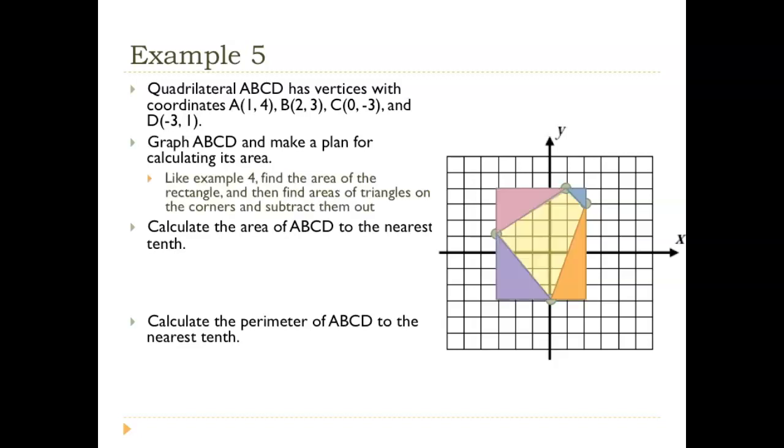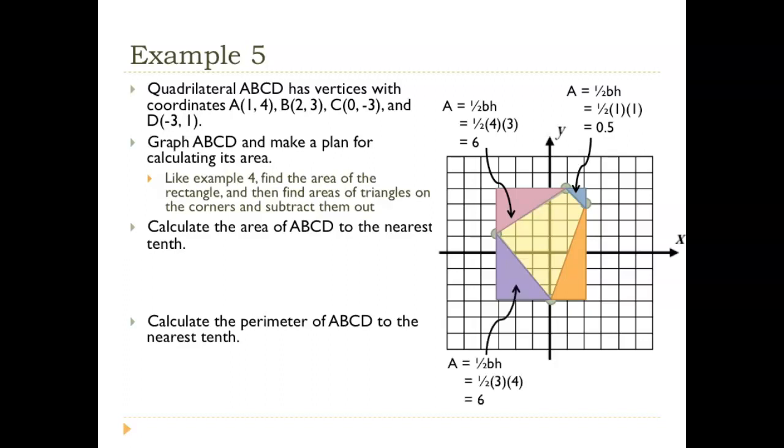Alright, so let's find the area of each of these triangles. So this triangle area, 1/2 times 4 times 3 is equal to 6. In this next triangle, we have 1/2 times 1 times 1, which is equal to 0.5. In this one here, we have 1/2 times 3 times 4, that would be 6. And here we have 1/2 times 2 times 6, which is equal to 6.